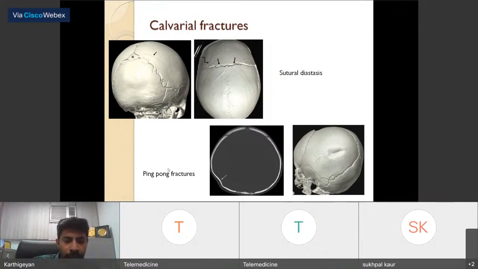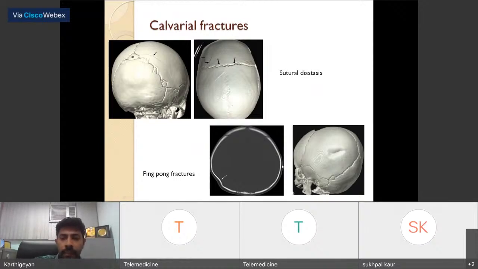And ping pong fractures, again, are very specific to children. As I said initially, the skull is more malleable. So after an impact, you don't see a fracture line like you see in adults. Rather, the skull tends to indent and buckle inside.